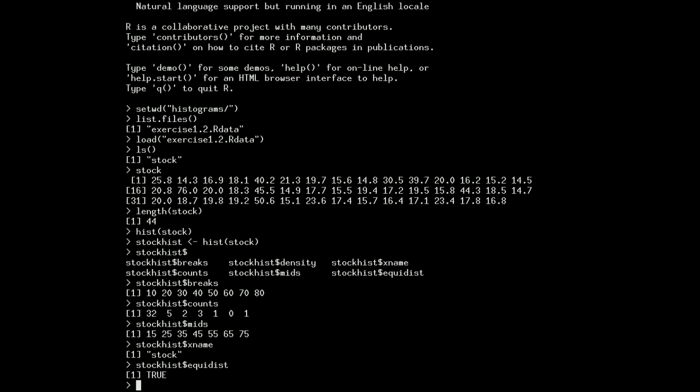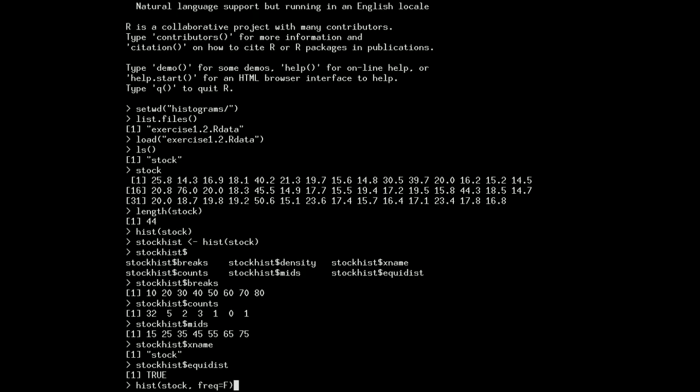Okay, so we were asked to draw a relative frequency histogram. So how might we do that? Well, let's go back up to our stock hist. If we wanted a relative frequency histogram, then we would add on one requirement. So tell R that we want freq equal to false.